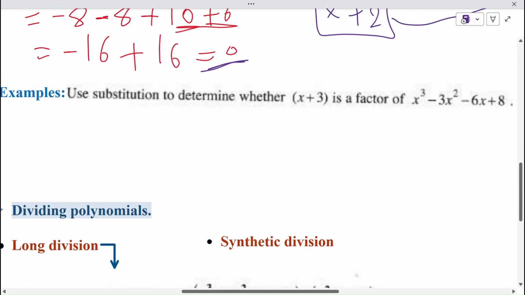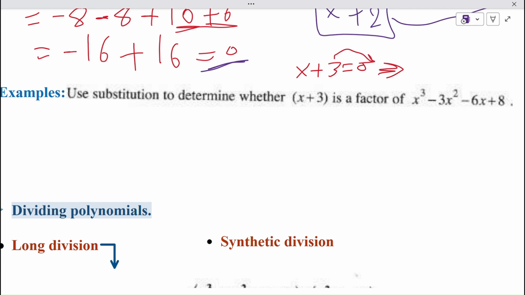Here again, we have x plus 3 is equal to 0. Then this 3 going there, this x is equal to minus 3. Substitute this minus 3 instead of every x.